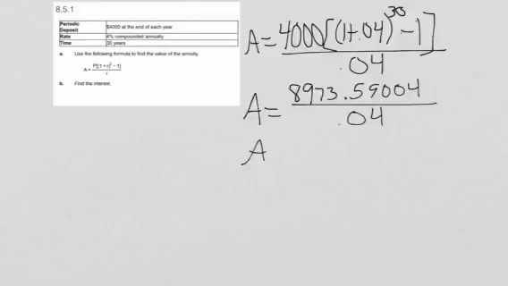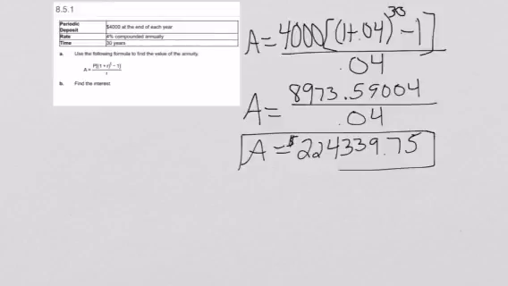Now if we do that calculation, here I am going to round to the nearest cent, and I get $224,339.75. So at the end of these 30 years, if we put in $4,000 at the end of each year, plus the interest, we'll have a total of $224,339.75. So that's Part A.